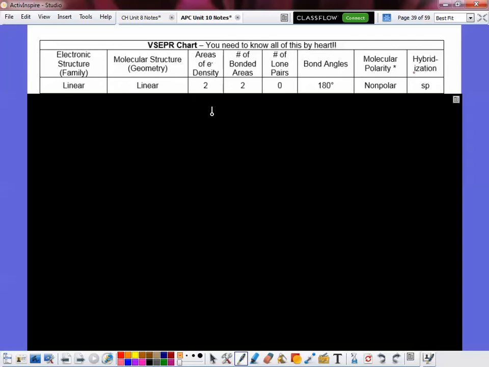This is the type of stuff where it will be very beneficial to look at the models using the model kits, and I'll definitely make sure to go over this in class after spring break. Something I meant to say before: VSEPR stands for valence shell electron pair repulsion theory.